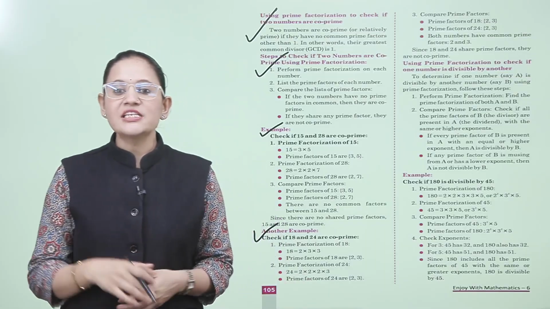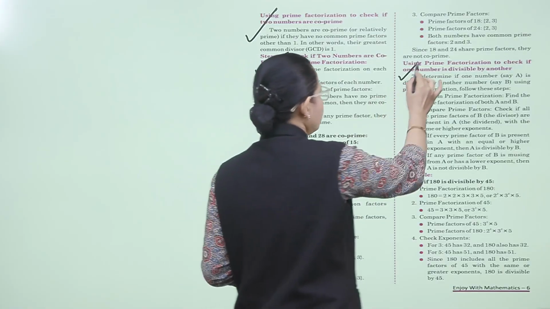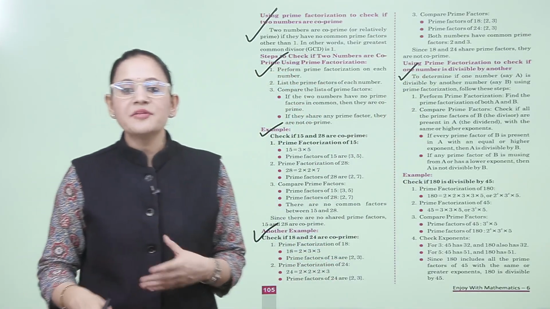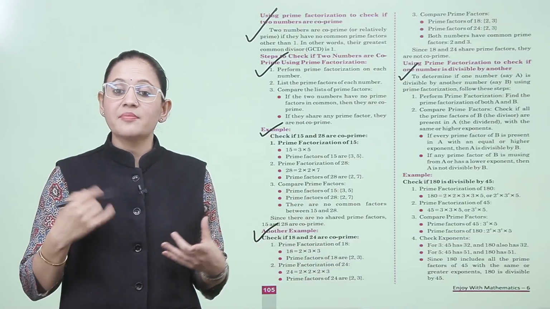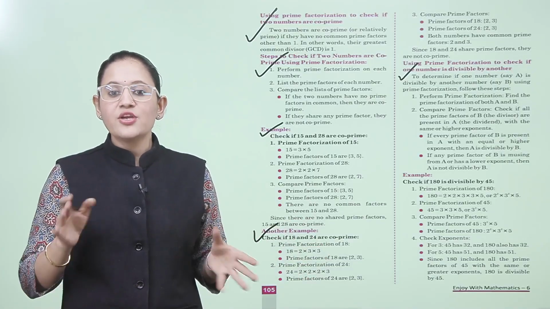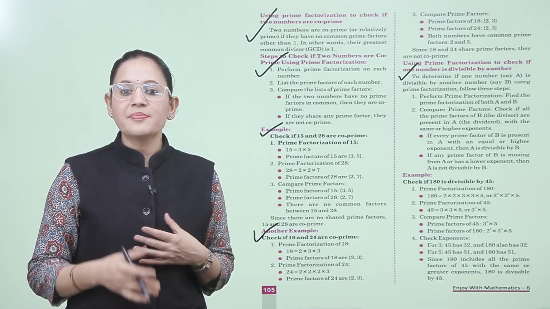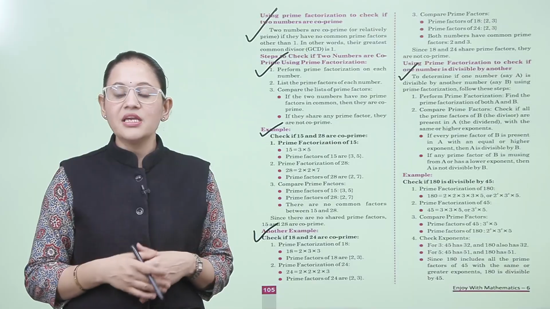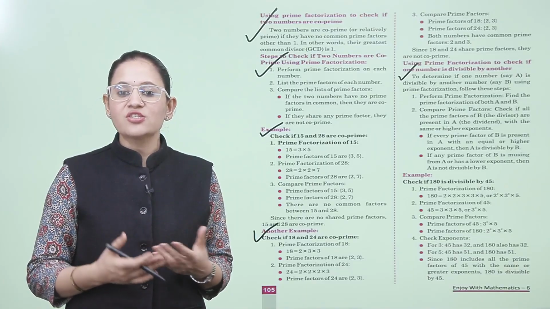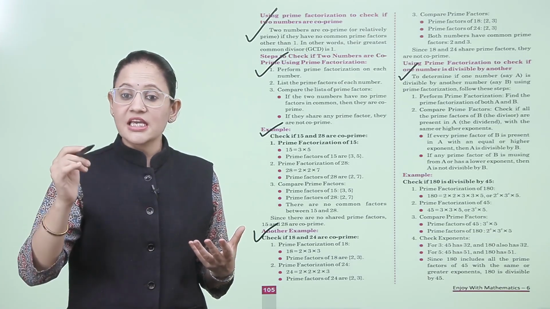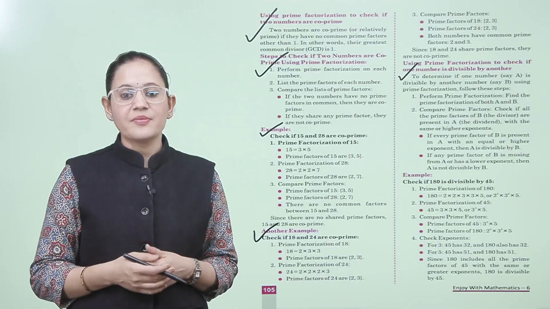Next, using prime factorization to check if one number is divisible by another. To determine if one number, suppose that number is A, is divisible by another number, B, using prime factorization, follow these steps. Find the prime factorization of both A and B. Now compare the prime factors, and check if all the prime factors of B are present in A with the same or higher exponent.